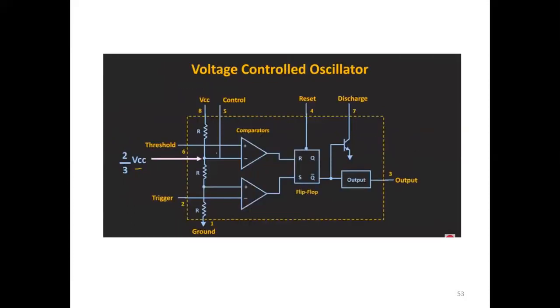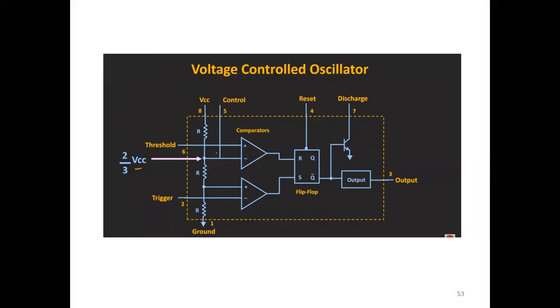Let's see the operation of the VCO. The output frequency of the voltage controlled oscillator is defined by the threshold, trigger and discharge. Here we have the comparator circuit. We already know that a comparator always produces 1 or 0.